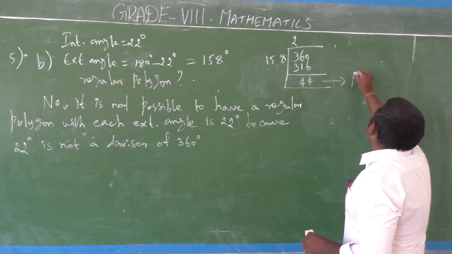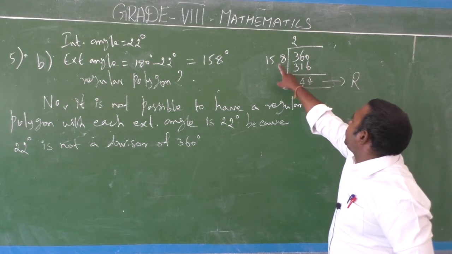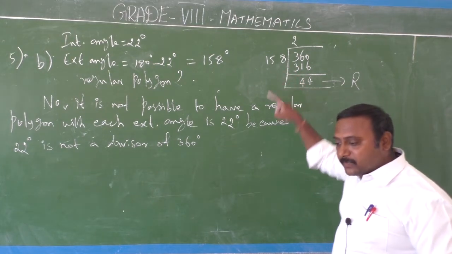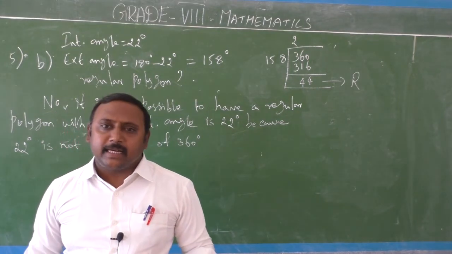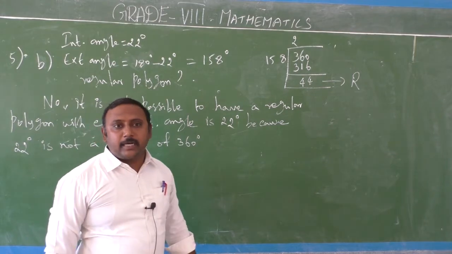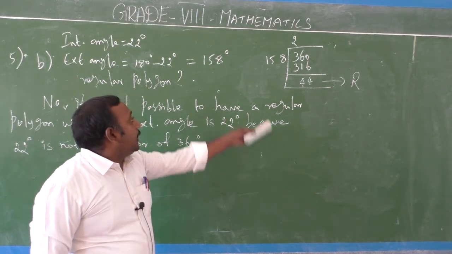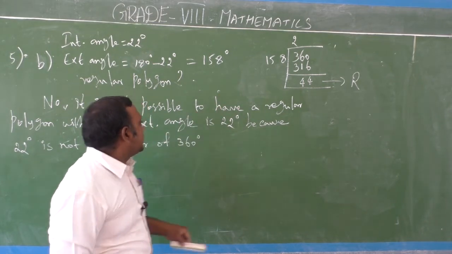So the remainder is 44. If the remainder is 0, then 158 is a divisor of 360. But here the remainder is 44, so 158 is not a divisor of 360.